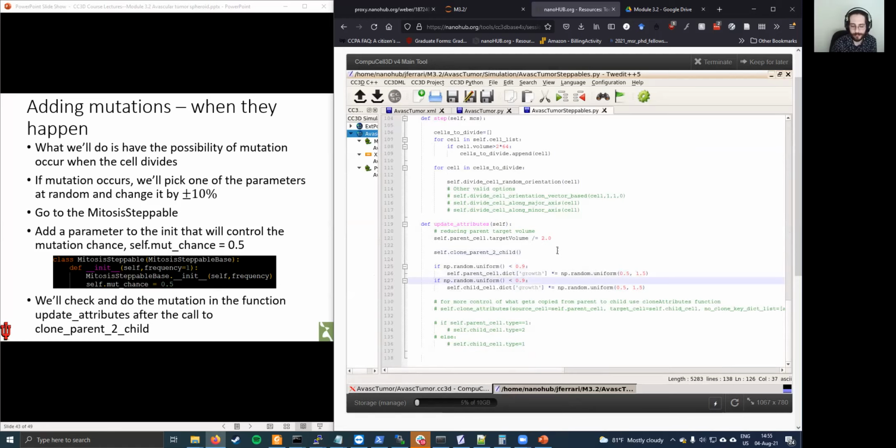Well, each of the siblings really, right? So rolling a dice between 0 and 1, and if that's less than 0.9, then changing the growth by multiplying it by some random number between half and 1.5. And same thing for the sibling.